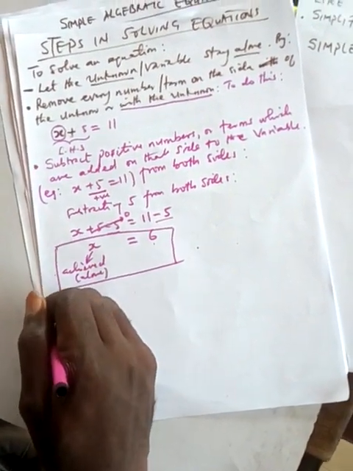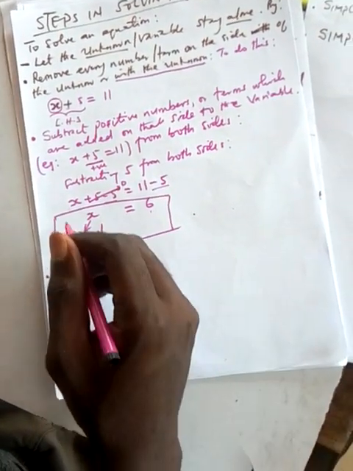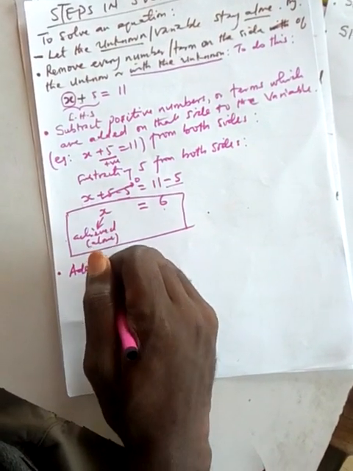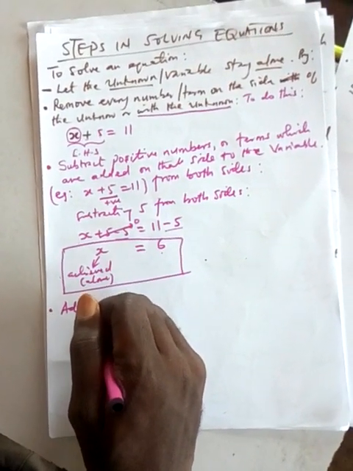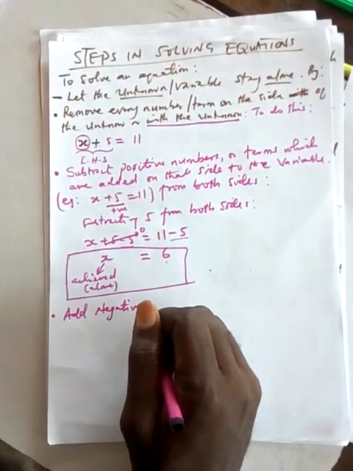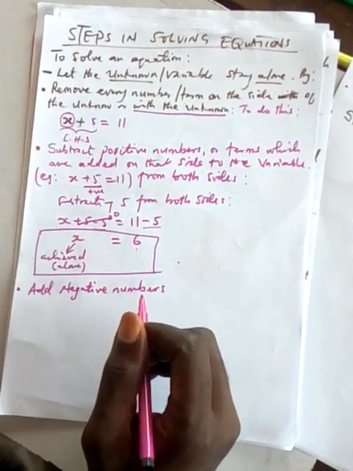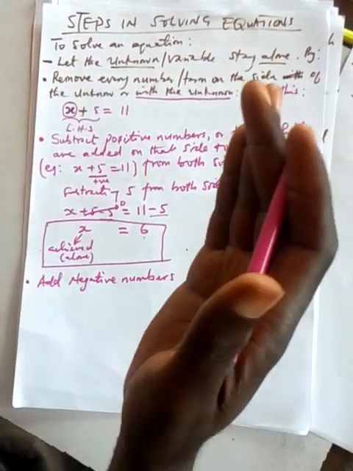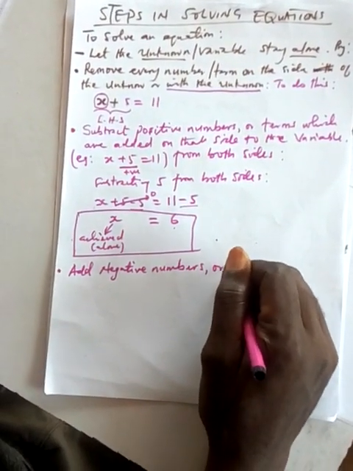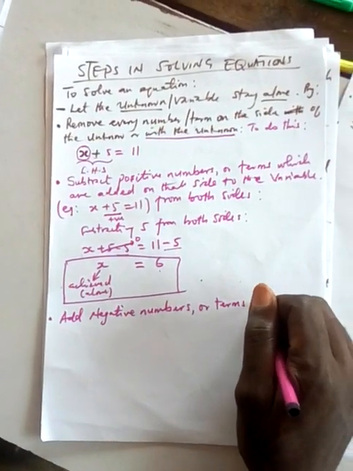The second thing we can do, depending on what we are given, is add negative numbers or terms to both sides.